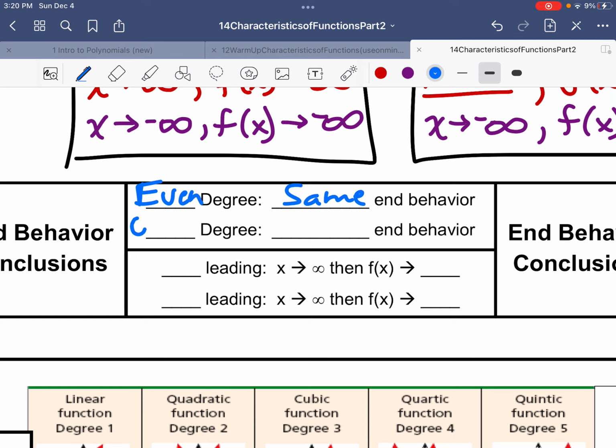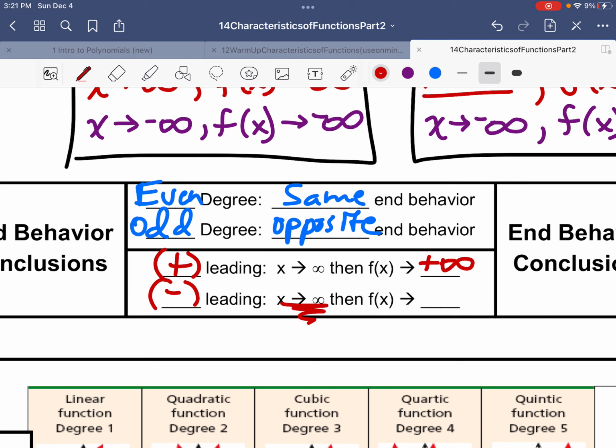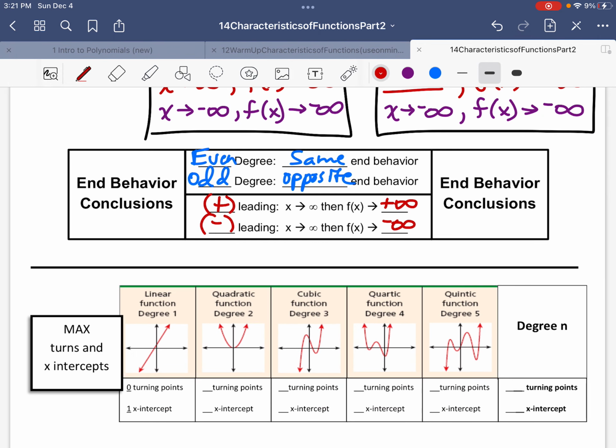And then the leading coefficient being positive means that as I go to the right, which is what x to infinity means, the graph will also go up to positive infinity. But if the leading coefficient is negative, that means that as I go to the right, remember this is always about the right, then the graph is going to go down to negative infinity.